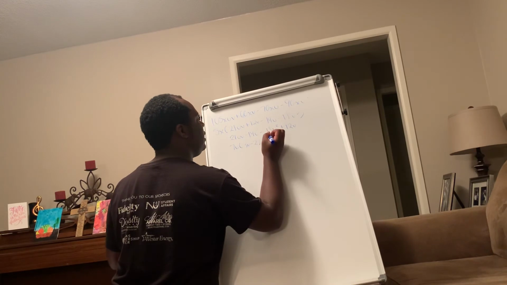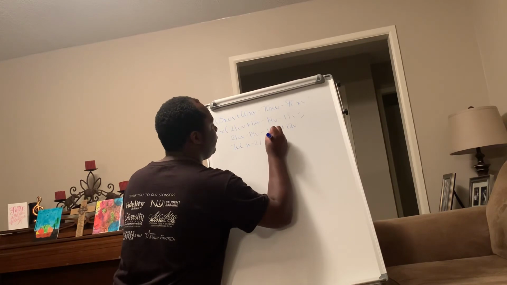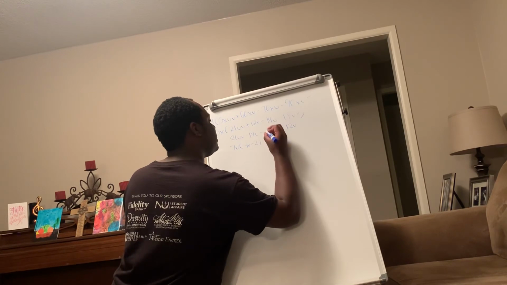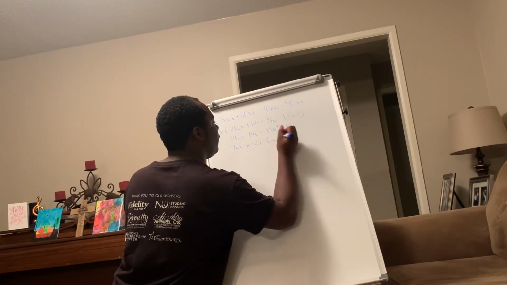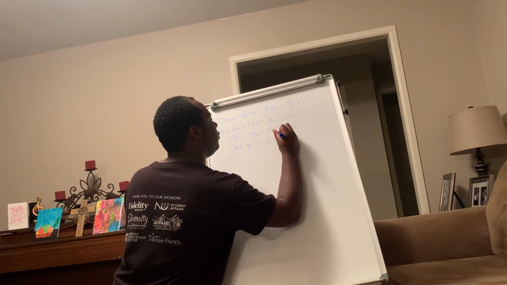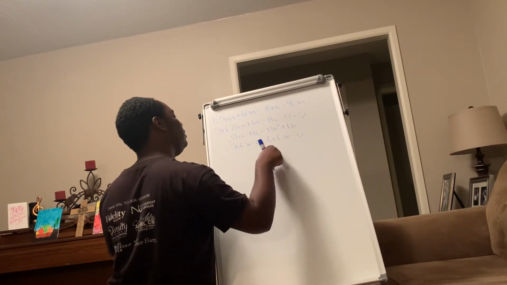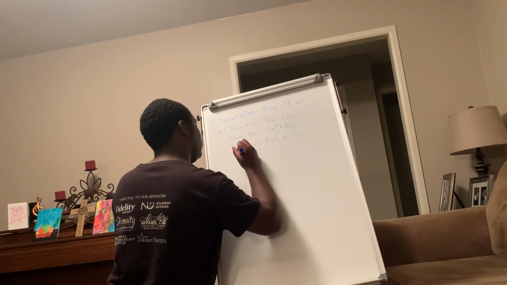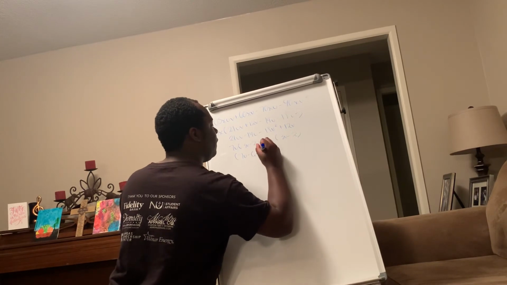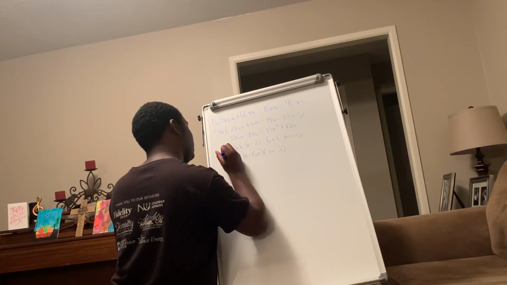Now this I can pull out 6v, but because this is negative, I'm going to keep it negative. Minus 6v, 3v minus 2. Okay, so I'm going to combine these. So I'll have 7u minus 6v, and then 3v minus 2, and then 5x on the outside.